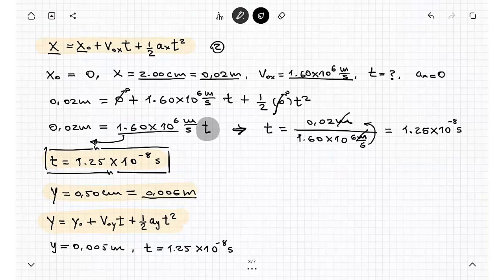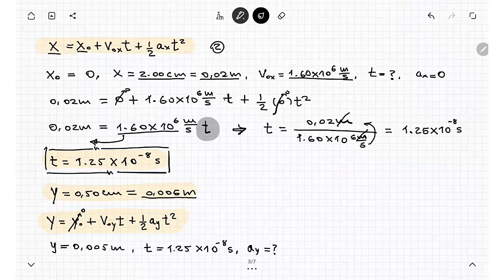Let's go forward. We want to calculate the acceleration along the y-axis, which we don't know. The initial position along the y-axis is 0, because the particle started from the origin of coordinates.